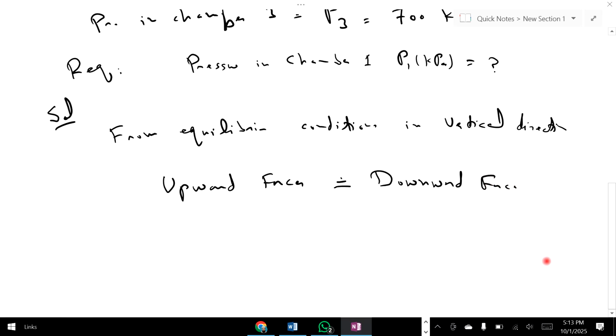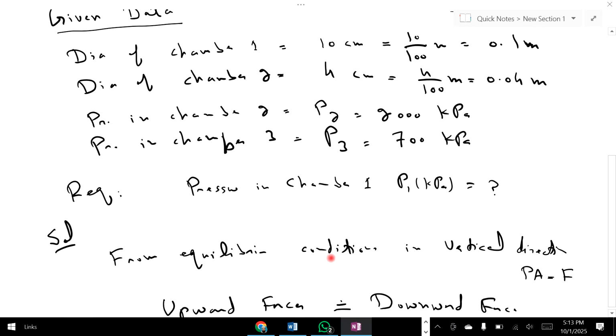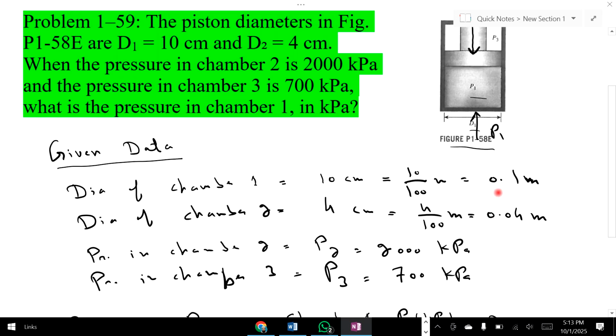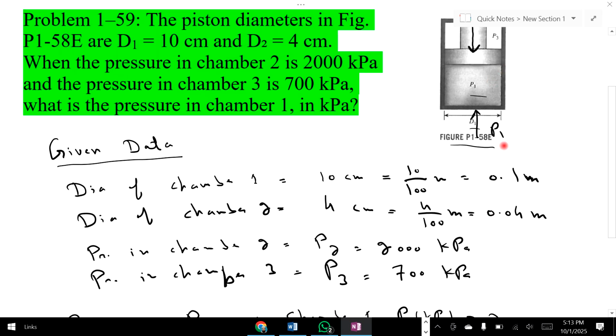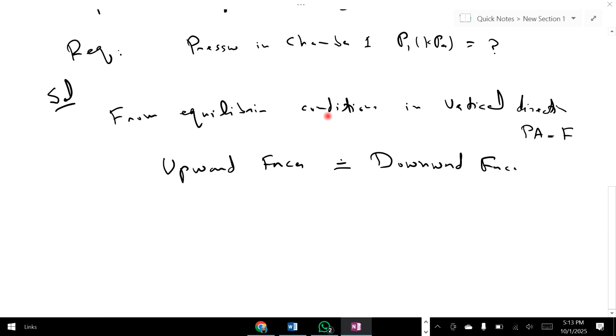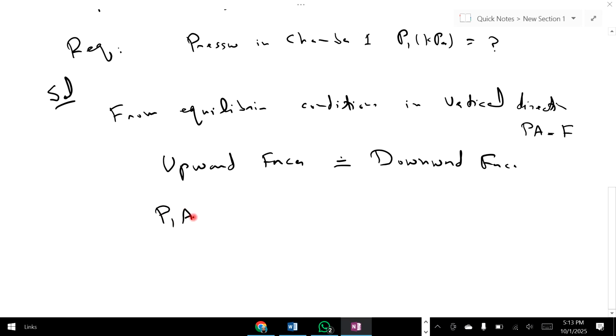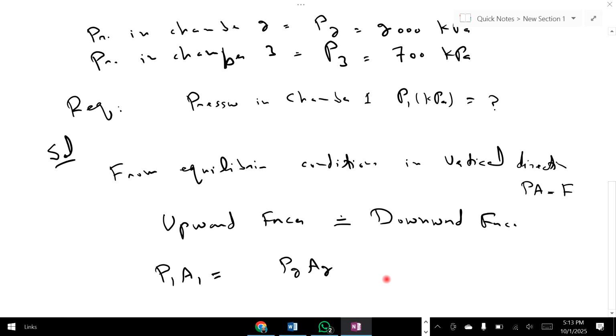We know that PA is equal to force, pressure multiplied by area is equal to force. So the upward force is P1, and P1 is on this area A1. So P1 A1 is equal to the downward forces. P2 A2, where P2 is on area A2.